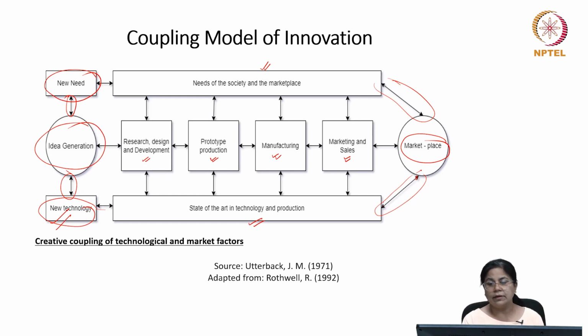So the marketplace contributes towards the state of the art in technology, and any challenge that may emerge towards the research, design and development has a feedback effect towards the state of the art. Prototype production, manufacturing, marketing, in case there is any requirement for them to learn what would be the need of the society, they go back, conduct an appropriate survey, learn from it, and then design the process, and then design the product.